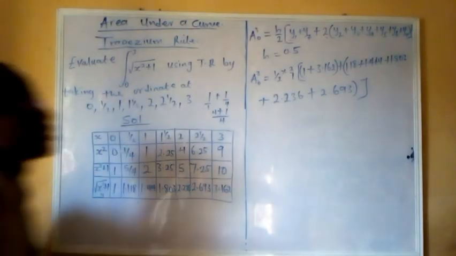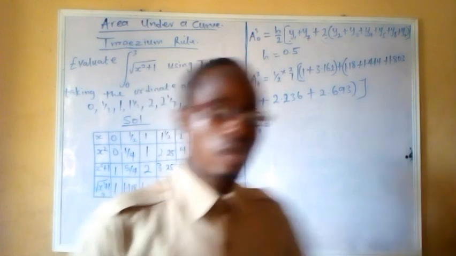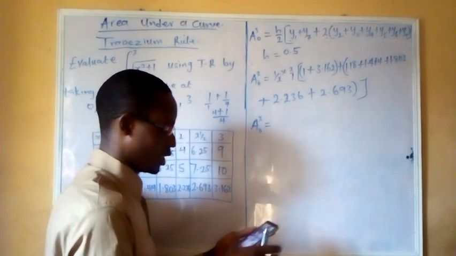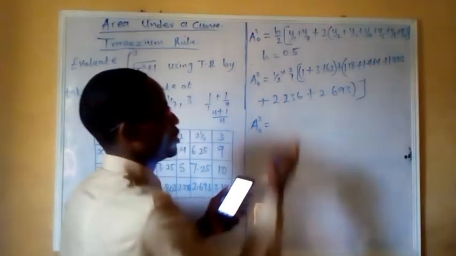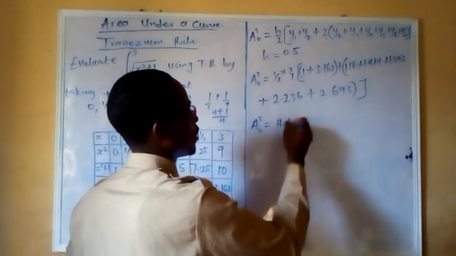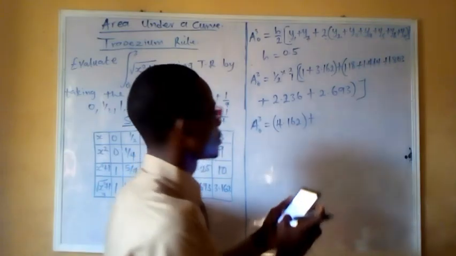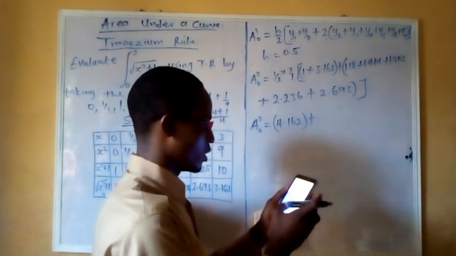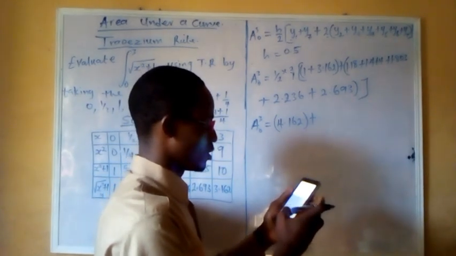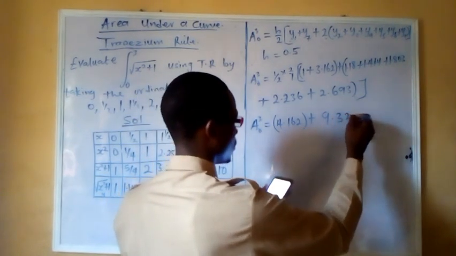So then we evaluate all. The area from 0 to 3 equals what? The factor is 1, so we need not stress about that. We just evaluate the rest. We have 1 plus 3.162, which gives 4.162. The sum of the middle ordinates gives 9.326.